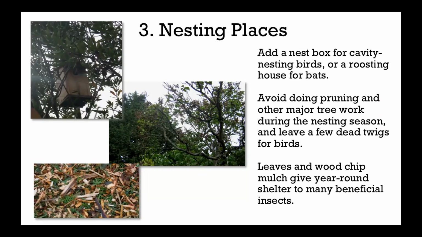So it's become more and more rare that cavity nesting birds find a natural nesting place. But if you put up a nest box, you're basically fooling them into thinking there's a hollow tree there that's just the right size for their nest.